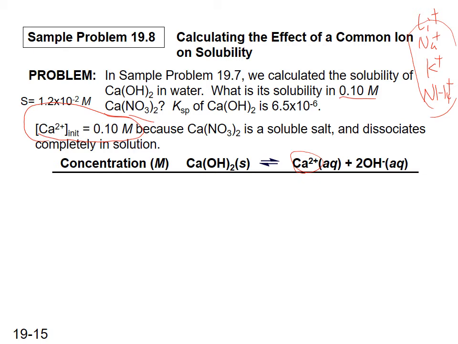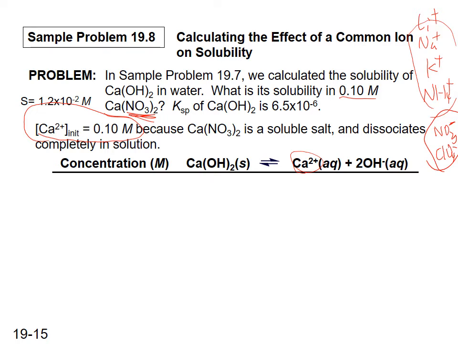Or the anions such as nitrate or perchlorate. Salts containing these anions are highly soluble. Now, there are other rules, so you need to go over them. But this salt contains nitrate anion, so it's a highly soluble salt.